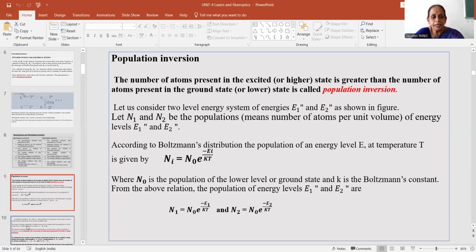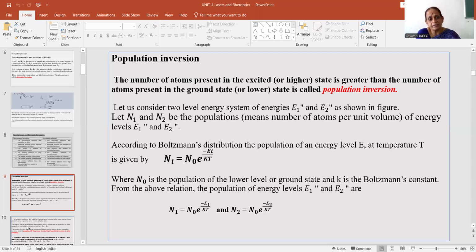So making the population of higher energy state or excited state more than the population of ground state is called population inversion. We are inverting the population, meaning making the population of higher energy state more than the population of ground state is called population inversion.